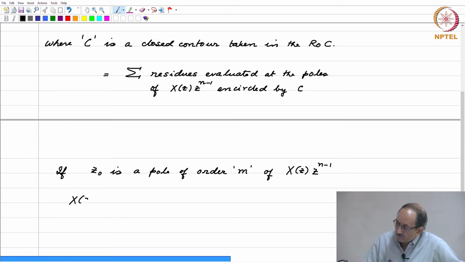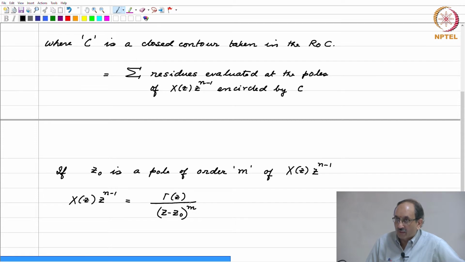Therefore, x of z times z to the n minus 1 can be written as gamma of z by z minus z naught to the m. So, all I have done here is I have taken x of z times z to the n minus 1 and explicitly factored out the mth order pole at z equal to z naught.